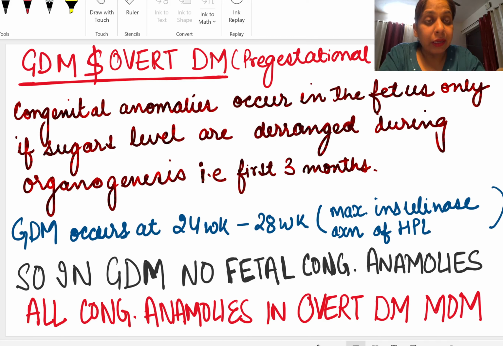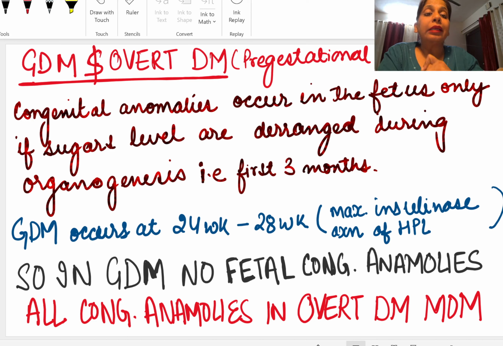Once again, the congenital anomalies in the fetus will only occur if the sugar levels in the mother are deranged during the organogenesis of the fetus, and organogenesis occurs during the first 3 months.